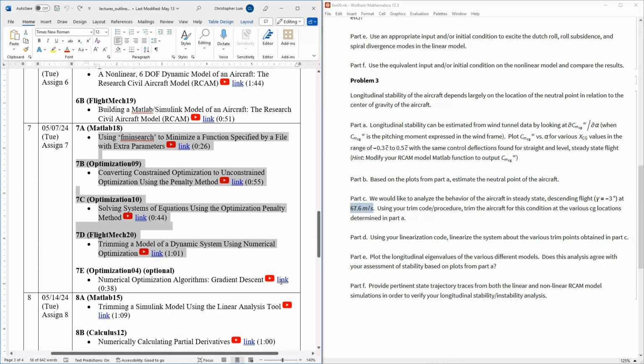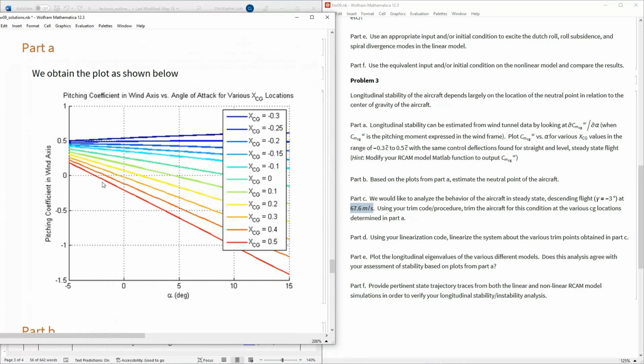So for each one of the plots you made in the previous section, you're going to trim the vehicle at that condition and at that CG location. This red one is 0.5, and so on. So in this case you'll have as many trim points as you have curves. We also now have linearization code, which is what you did last week in week 8.